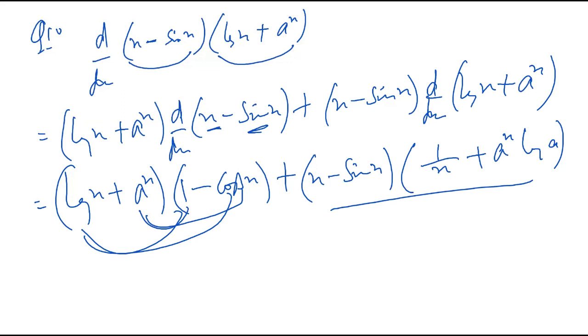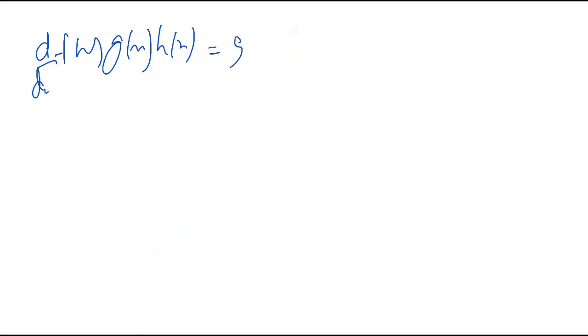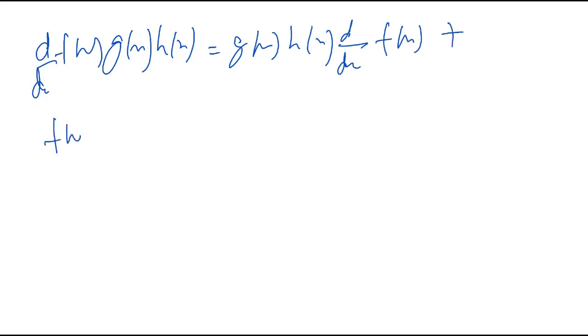One more thing I want to tell you in this case: if you are having three functions, for example d by dx of f(x), g(x) and h(x), you have to take the same approach. g(x) and h(x) will remain as it is, whereas you differentiate f(x), plus f(x) and h(x) will remain as it is, and d by dx of g(x).